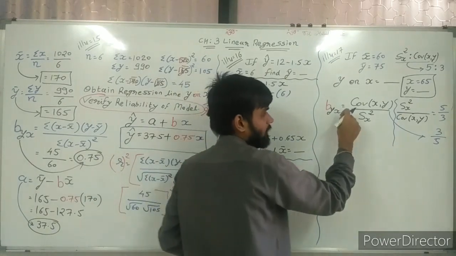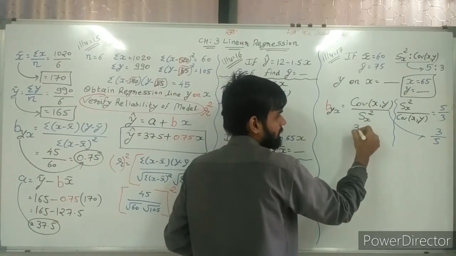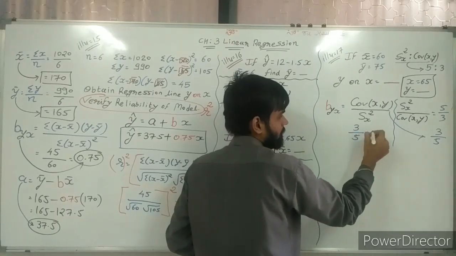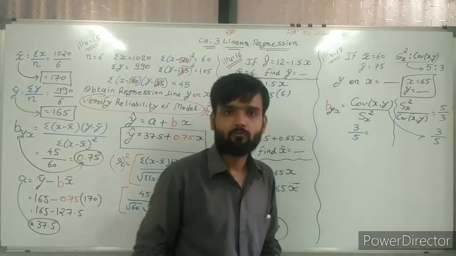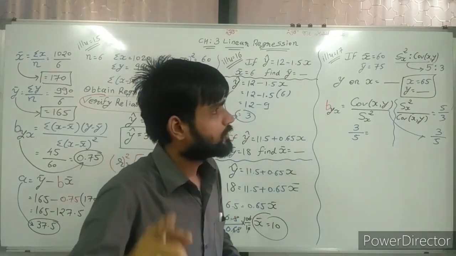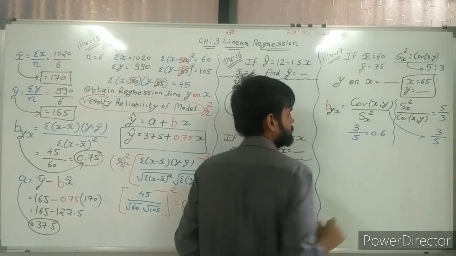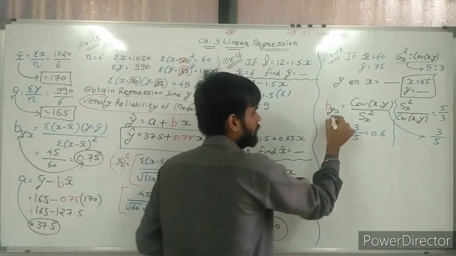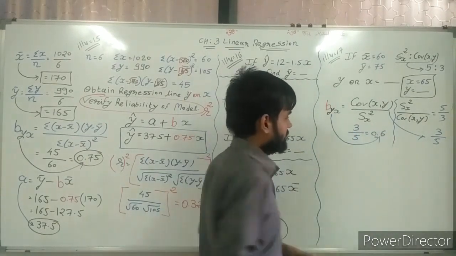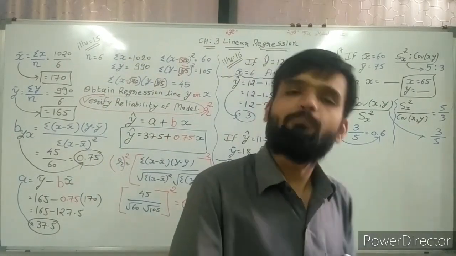So in place of this formula, I am writing 3/5. And if you find 3/5 in a calculator, 6 5s are 30, so you will get 0.6. So the value of B is 0.6.